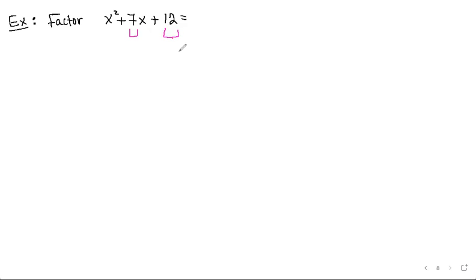So the first thing to think about for a student who doesn't know: I'm looking for two numbers. If I multiply, they give me 12. What are the two numbers? I can multiply 1 times 12, or 6 times 2, or 4 times 3.